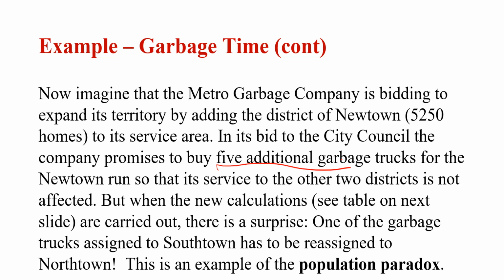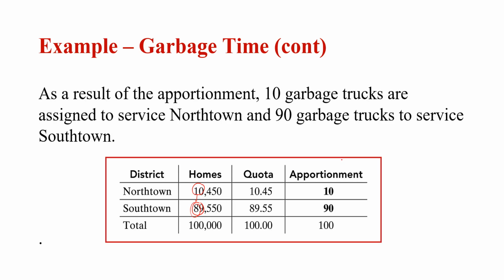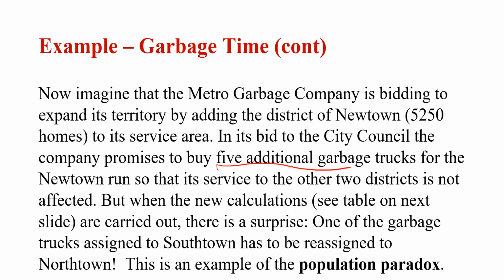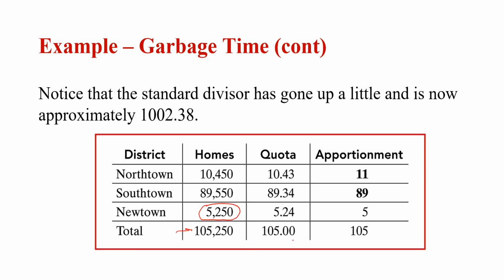So you figure from here, it looks like about every 10,000 gets you 10 garbage trucks, right? But that's almost at 90,000. That gets you 90 garbage trucks. And so you got this new town coming in with 5,200, and it has 5, and the garbage truck company is going to buy 5 more. Should be even.